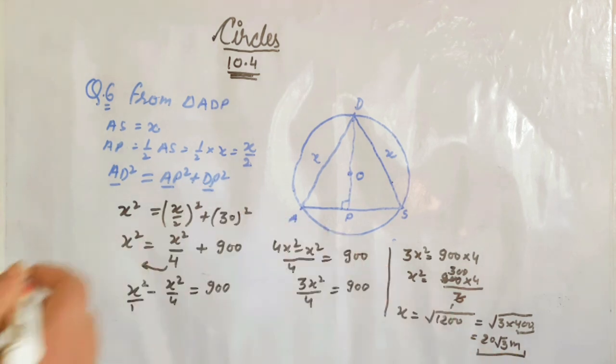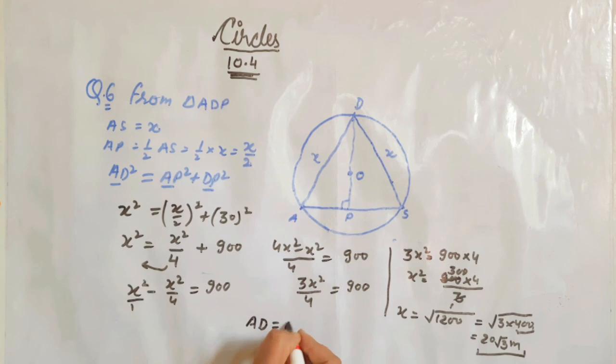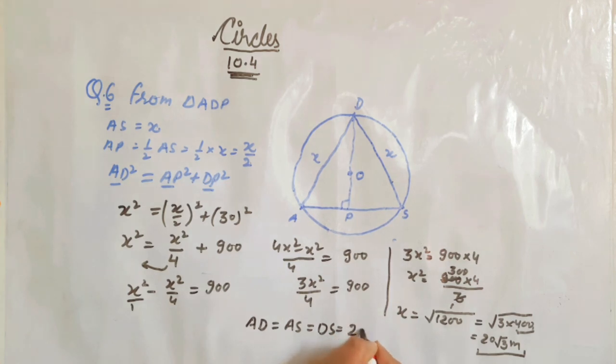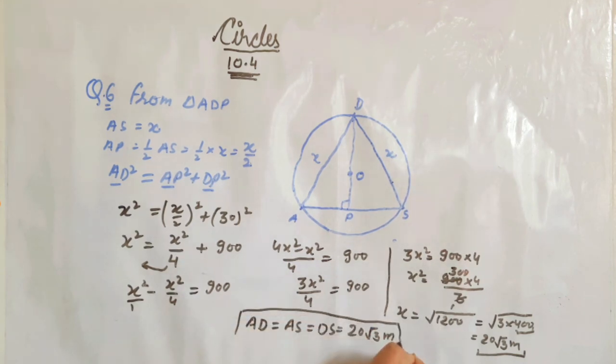This is your required answer. Means the length of each string, that is AD equals AS equals DS, will be equal to 20 square root 3 meter. This is your required answer.